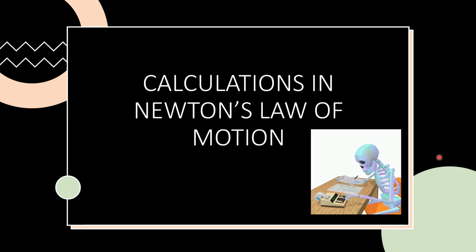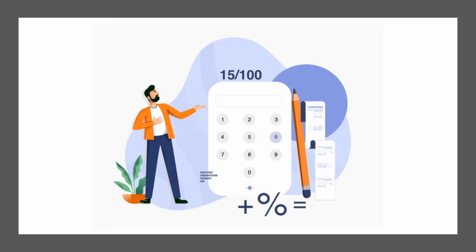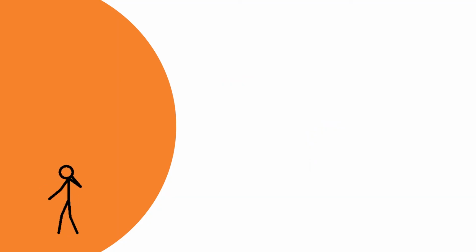Now, we already defined these three laws. We can now proceed with the calculation. Okay, make sure you have your pen, your calculator, and your paper with you because we're going to use them. Okay, again, since we're going to solve problems, we will use our favorite mnemonics in solving, which is GRESA.